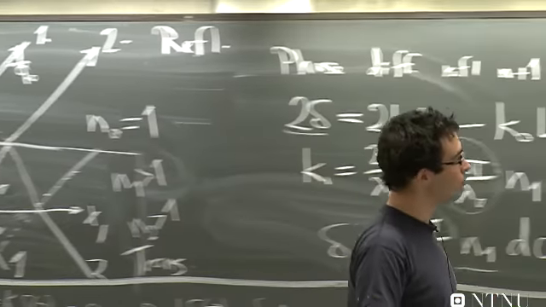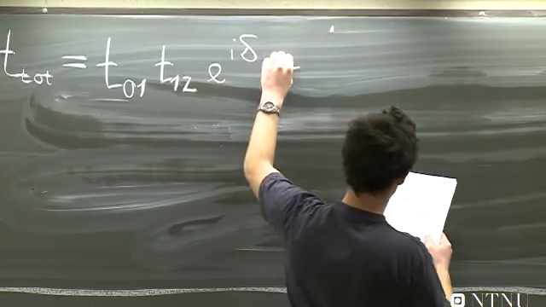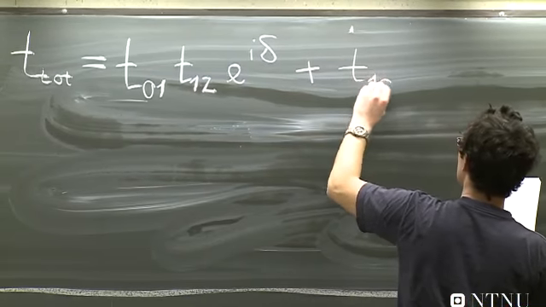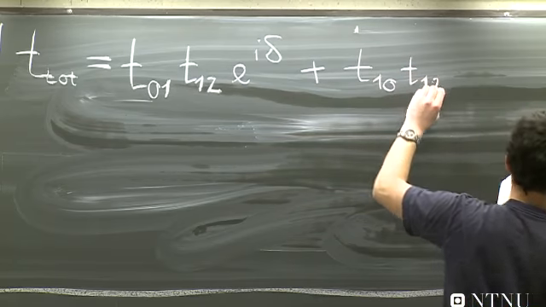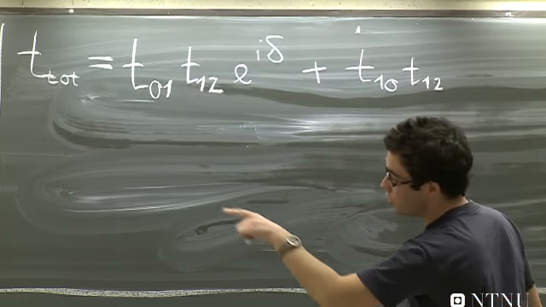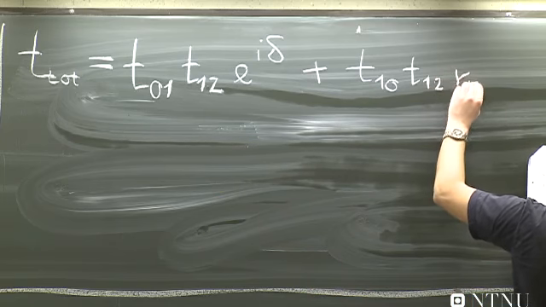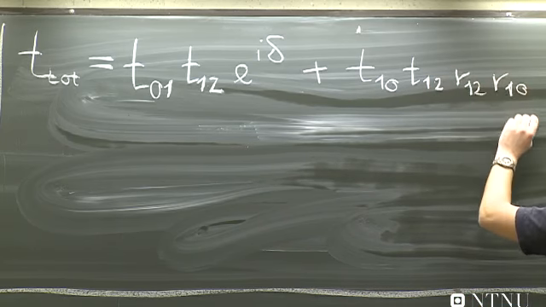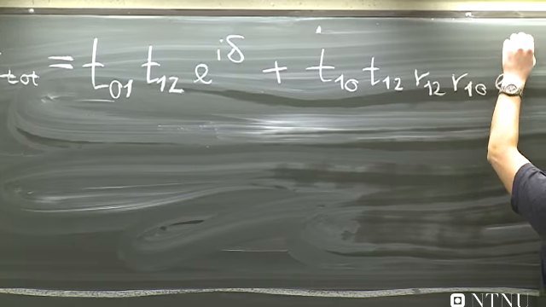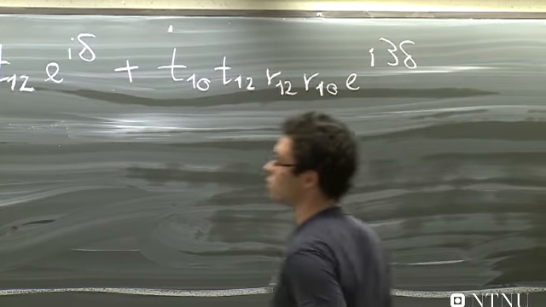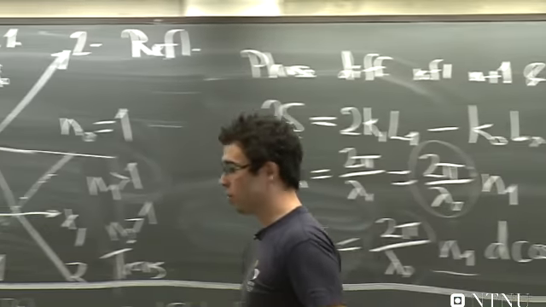The higher order term, next one, is going to be T01, T12. And then we have two extra reflections, from the bottom and the top. So that's R12, R10. And we have e to i3 delta, because now we made three traversals through the film.